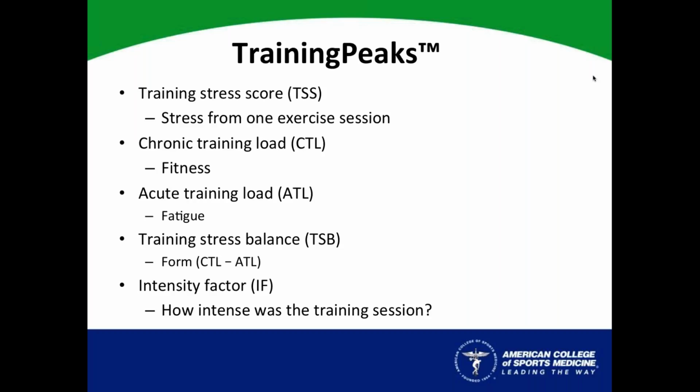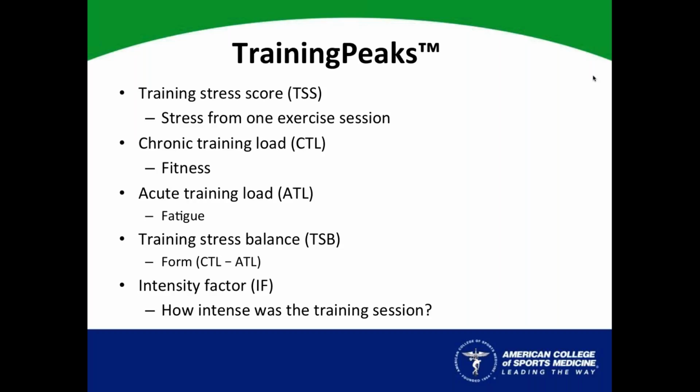So let's say I have a 45-day weighted average of about 110 for my CTL, or chronic training load. That means the average TSS I had per day for those 45 days was about that.